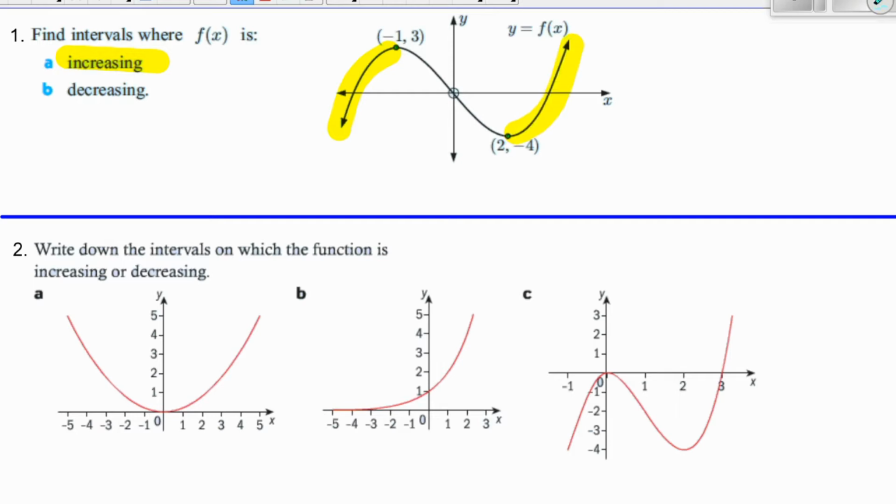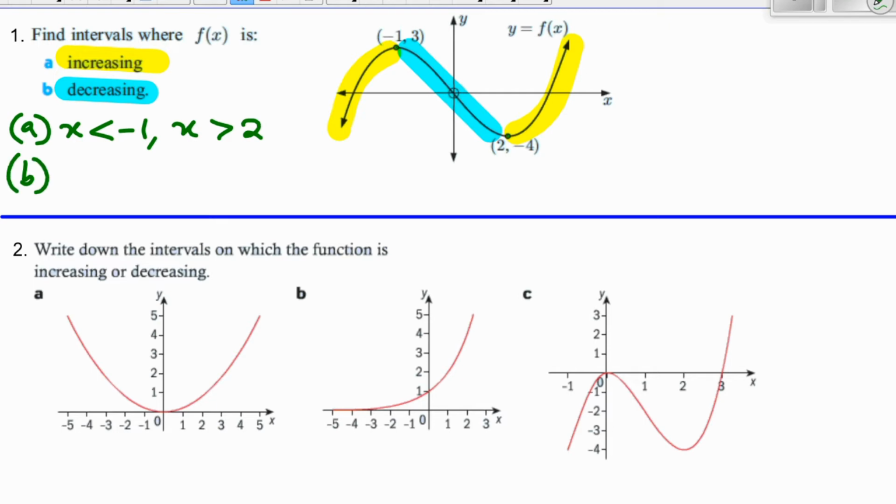How about where the function is decreasing? We are going downhill, which means that will be this portion here. So we can go ahead and answer this question. Remember, we need to write those inequalities. So A, the function is increasing when x is less than -1 and when x is greater than 2. This is from the graph. And then B, the function is decreasing when x is between -1 and 2.